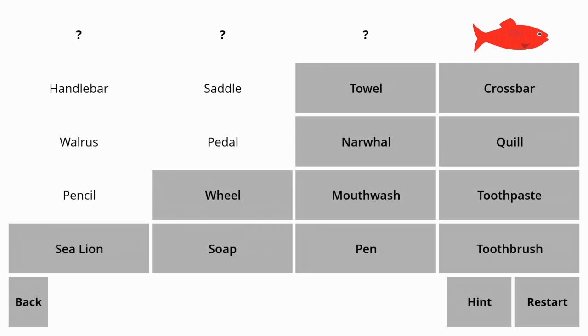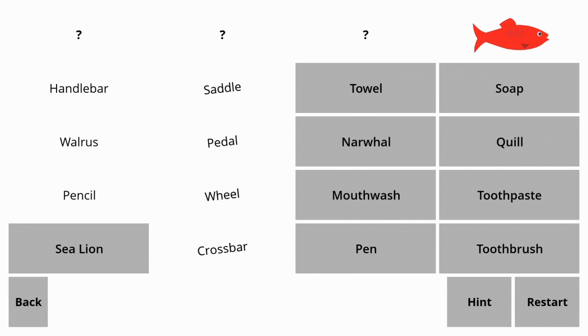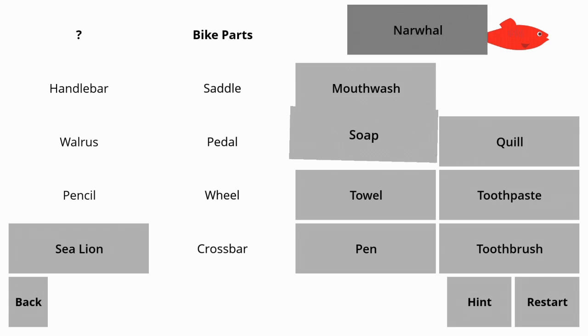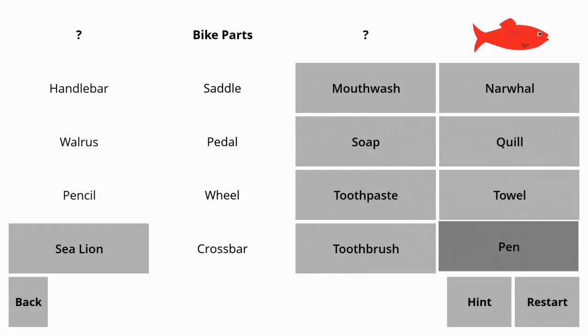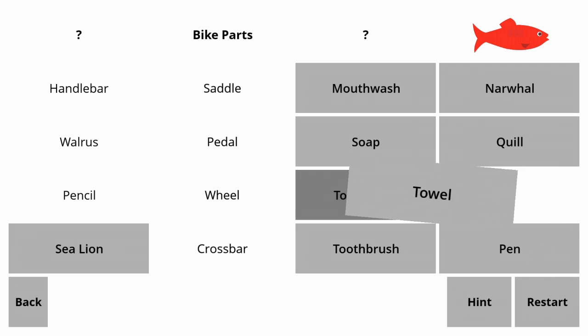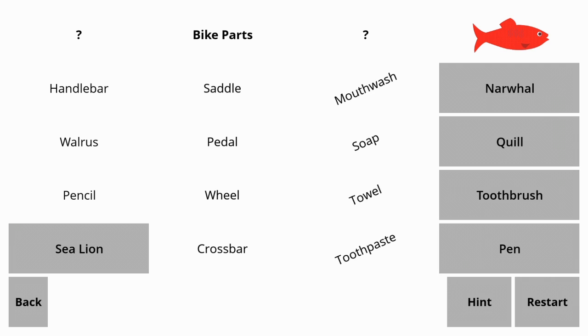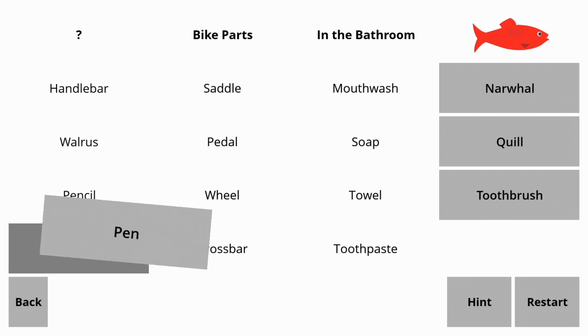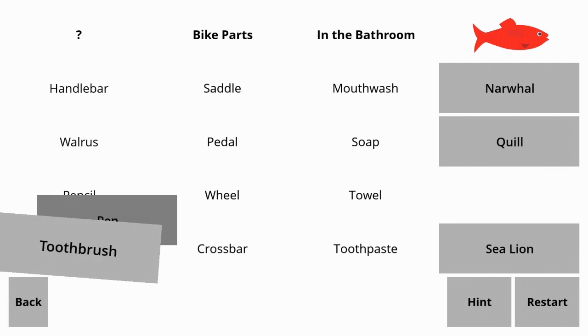So we should be able to figure this out by process of elimination. Saddle, pedal, wheel, and crossbar. Then this one was mouthwash, soap, toothpaste, and toothbrush. Or no, towel replaced one of those. Okay. And I don't know what this last set is.